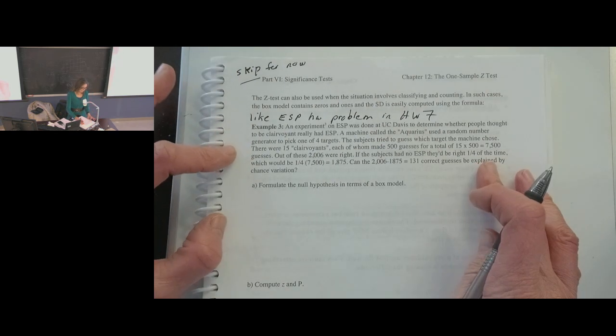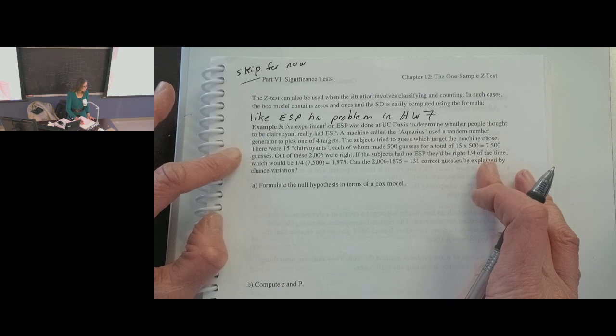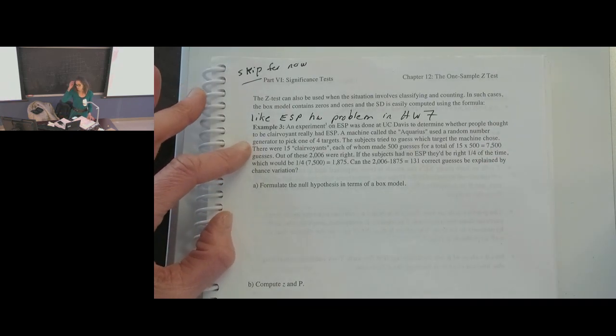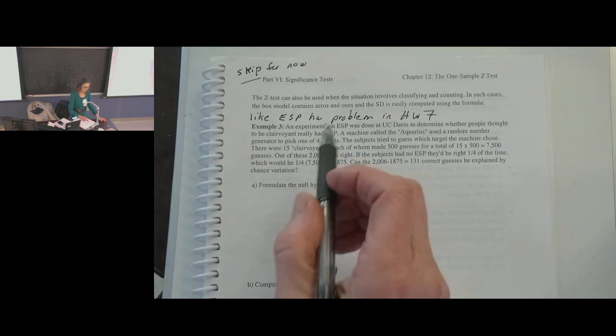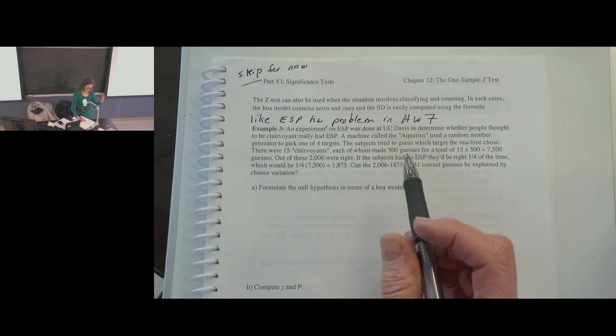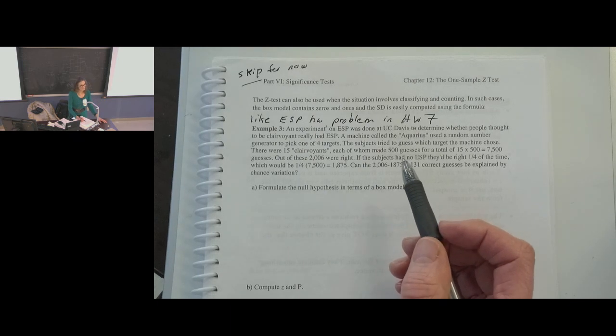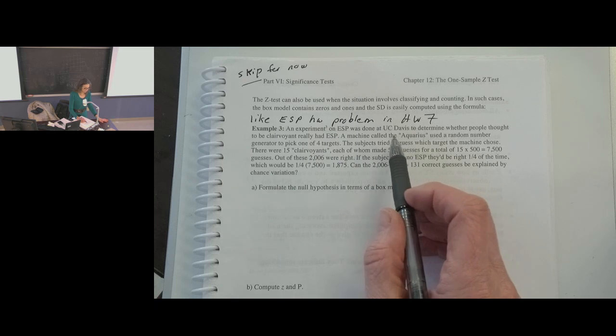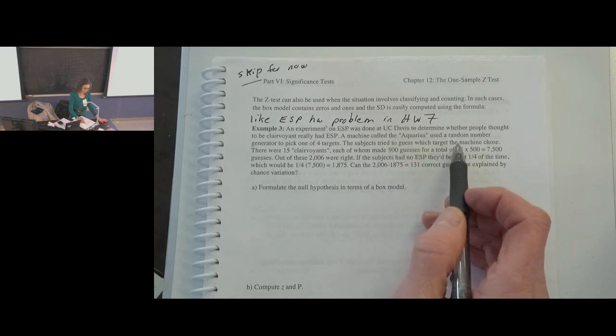So this is a well-known experiment. There's been many experiments to see if people have ESP, extrasensory perception. And this was a well-known one that was done at University of California in Davis.